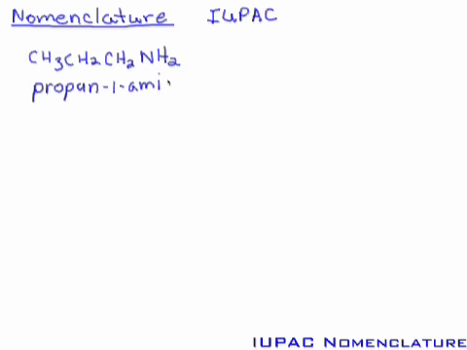In this case, the 1 is necessary because you could have the amine off of carbon 2 of the propane.